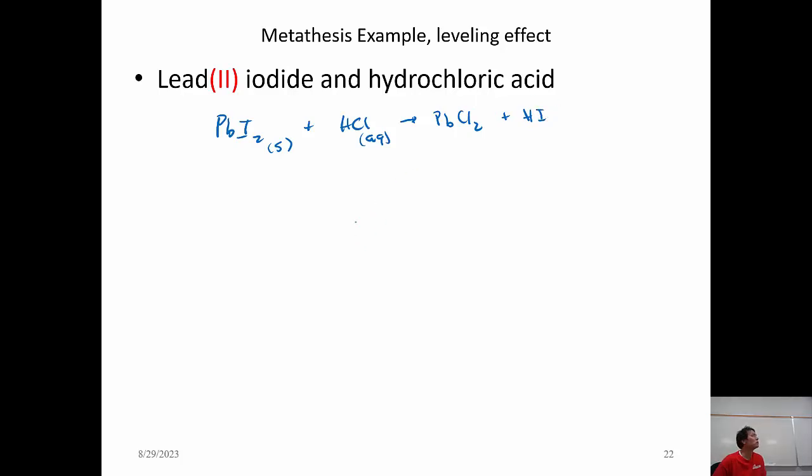It's not balanced. I'll balance it if there's a driving force. Now, is there a driving force here? So take a look at that chart over there. Those are the acids. So let's say we're going from HCl on the left, hydrochloric acid, to HI on the right. HI is called what?